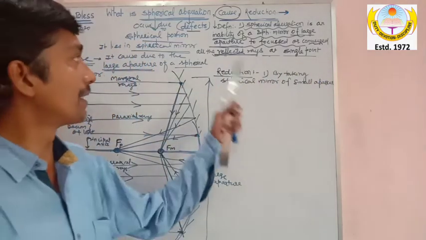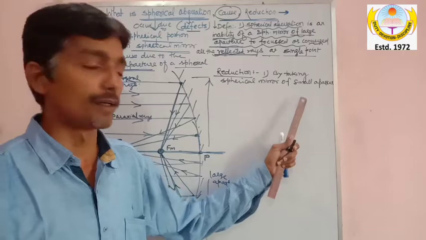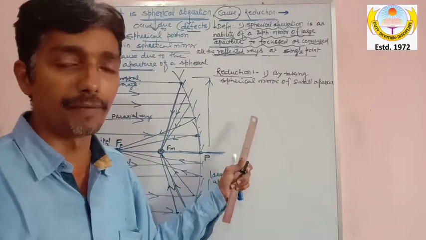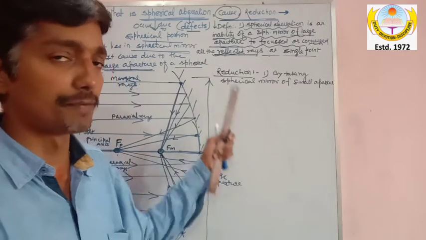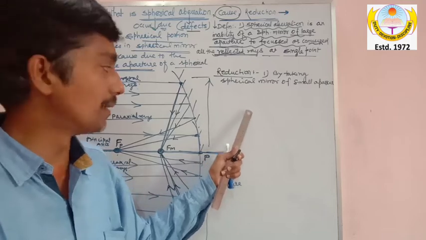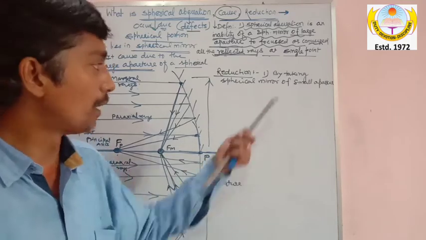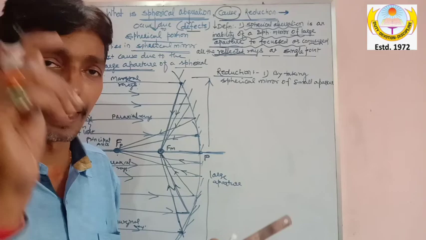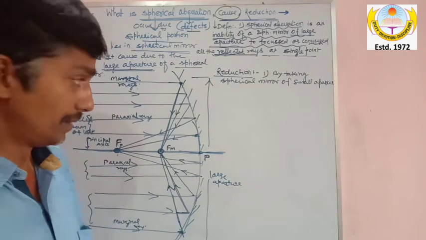So spherical aberration is avoided by taking the spherical mirror of small aperture, and if you remember, in part 1 of my spherical aberration video, I drew the diagram of small aperture and avoided it by focusing at one point.